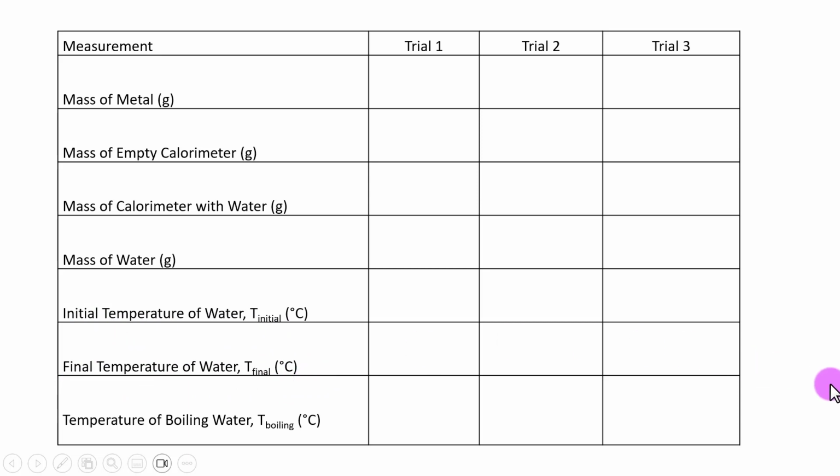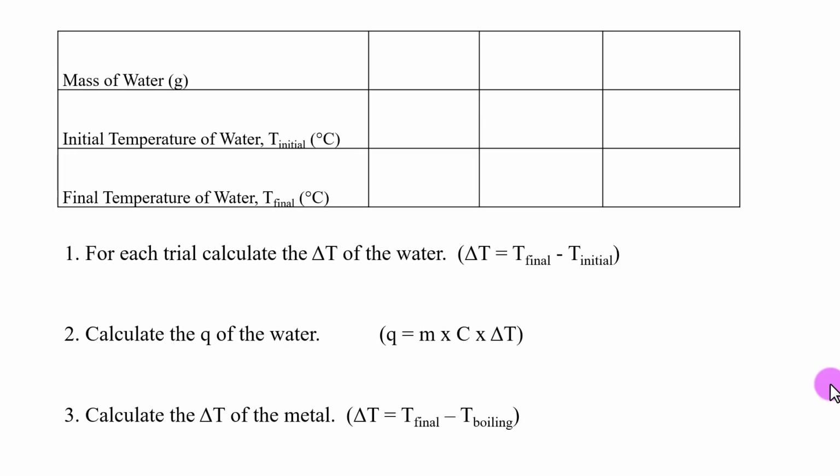Now let's take a look at the rest of the calculations. I've chopped up the table so that you have only the data that you need as I'm walking you through here. For the first question, it says for each trial, calculate the change in temperature, the delta T, change in temperature of the water, which is given by the final temperature minus the initial temperature.